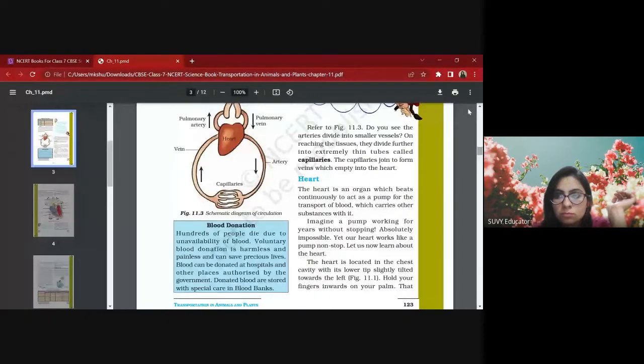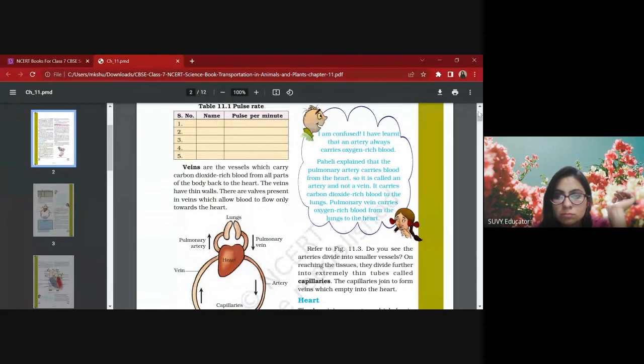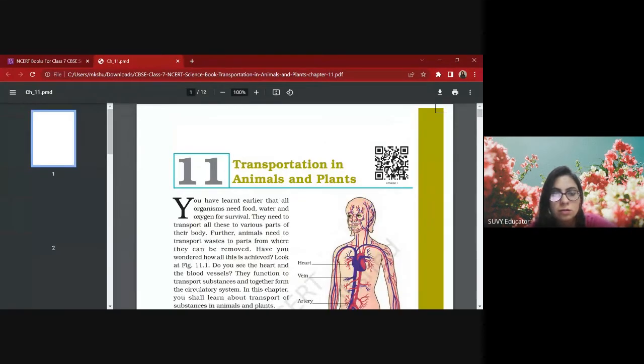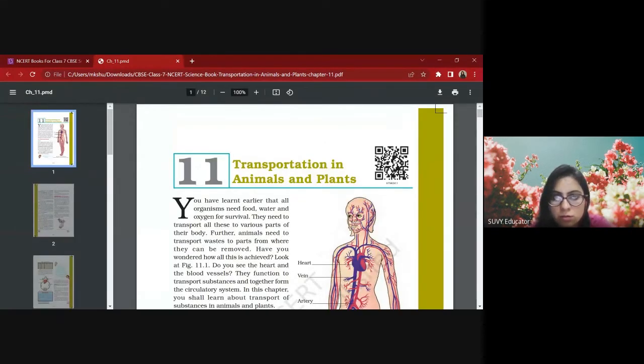We will discuss with a book. Transportation in animals and plants.